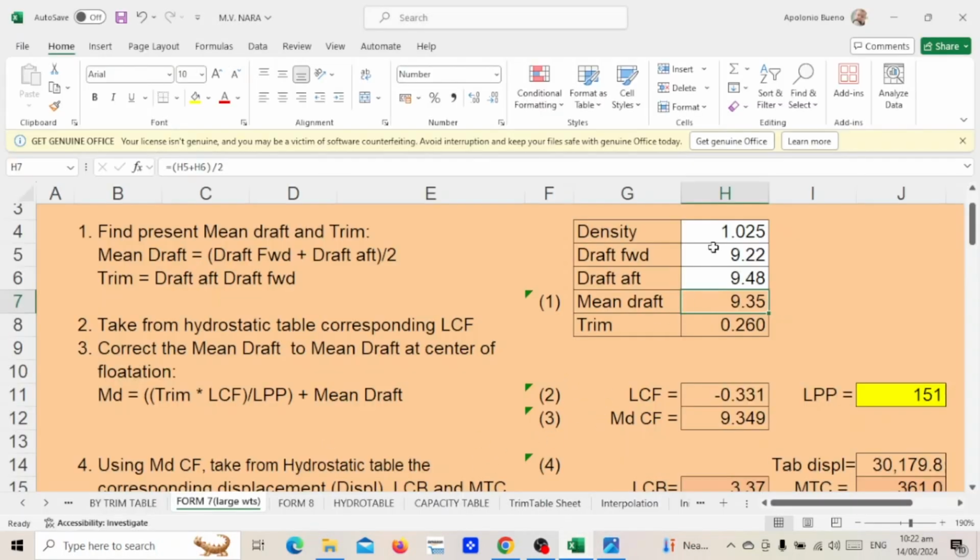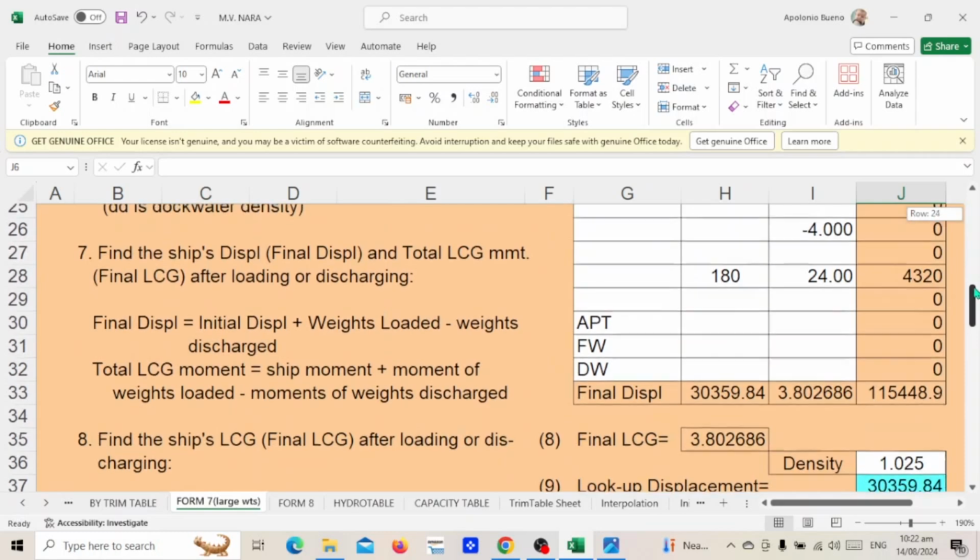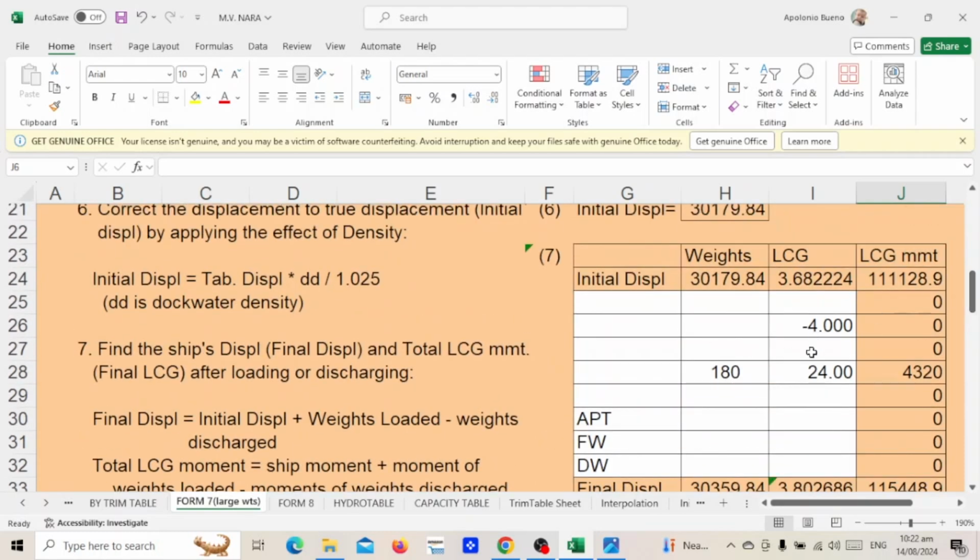Now, from this new draft, you will put here the LCG of 4 meters, which is negative because you are in the forward part of the vessel. So you are forward 4 meters. This is your amidship.